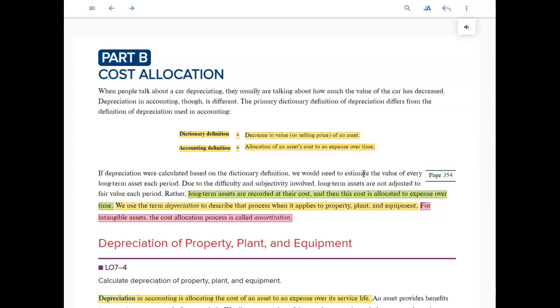That's true. You might think of like the Blue Book value on a car. That's the fair market value. But for accounting, we have our own definition of depreciation. So the accounting definition is the allocation of an asset's cost to an expense over time. That means you're going to write off the cost of that asset over its useful life. We're going to see how to do that in just a second.